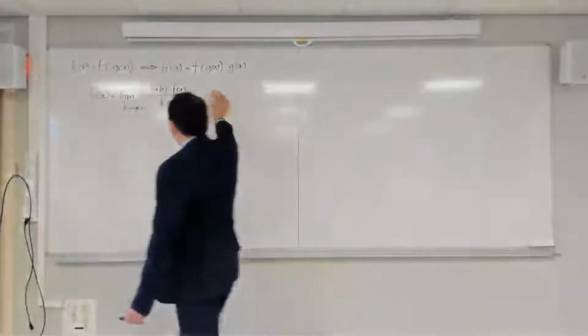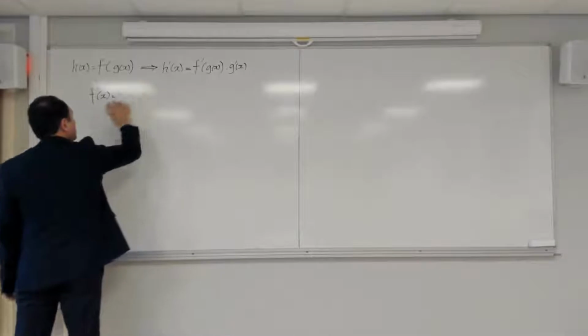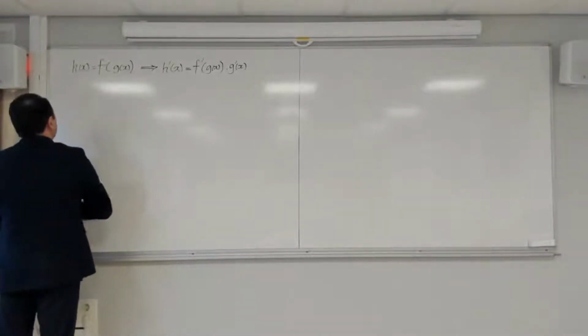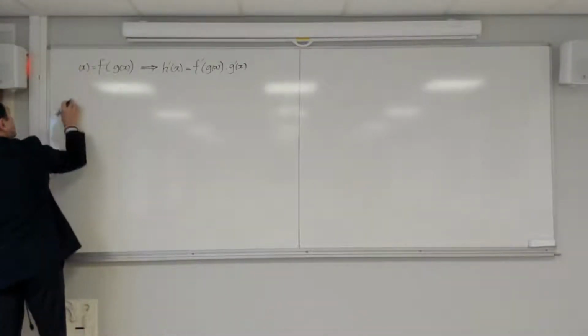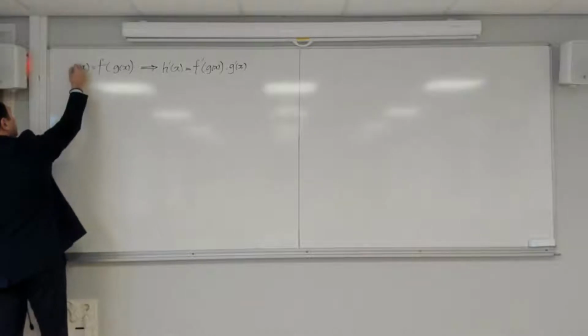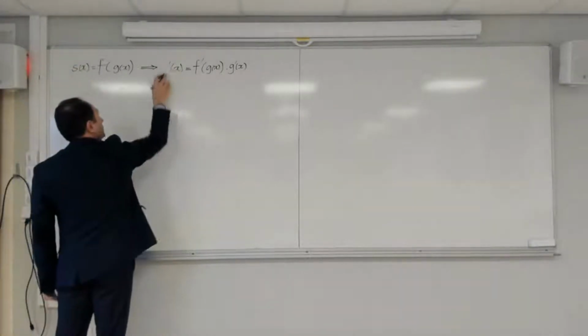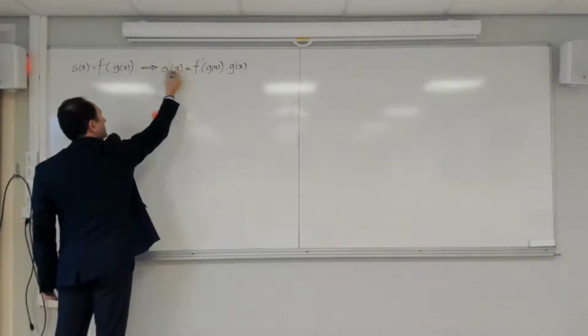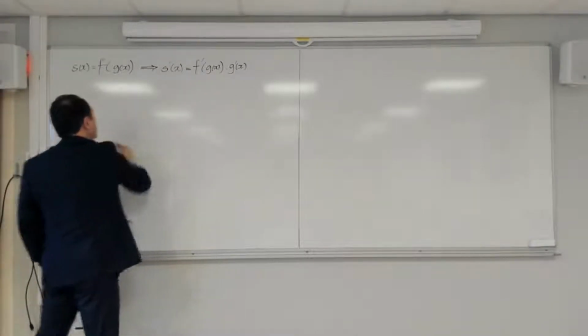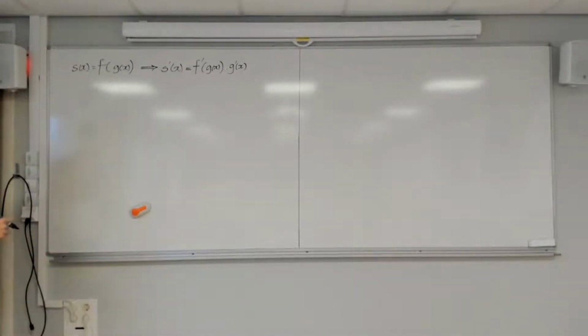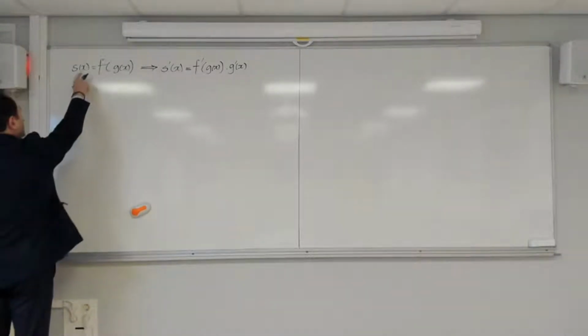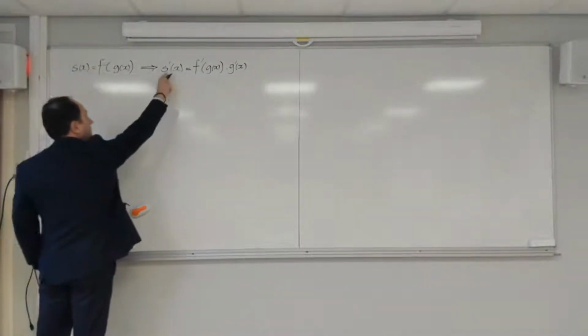So, for example, let me change the letter h to, for example, s. Okay, and then we want to show that S prime of x is equal to that. Okay, so I want to start proving the derivative of S.